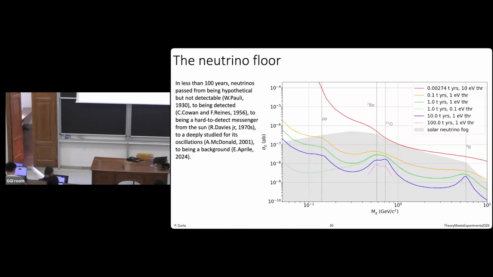And just last year, the Xenon collaboration announced the observation of the first neutrino background event in the XENONnT detector. So, okay, 100 years seems a lot of time, but we passed from a particle that we would never be able to detect to a particle that is our background nowadays when doing experiments. That's to give you a taste of how our capability of detecting and understanding the world around us has grown.